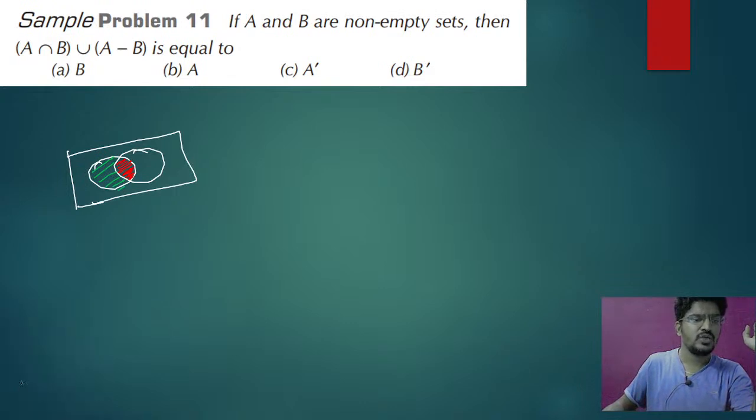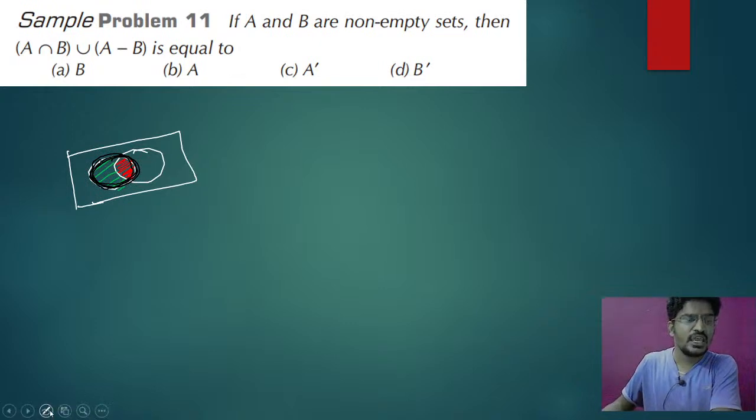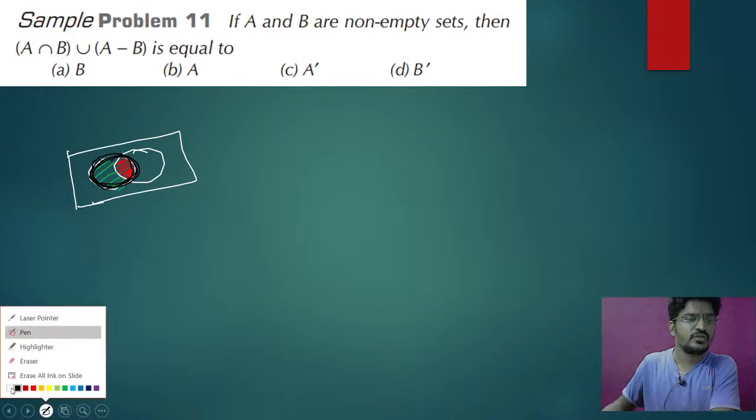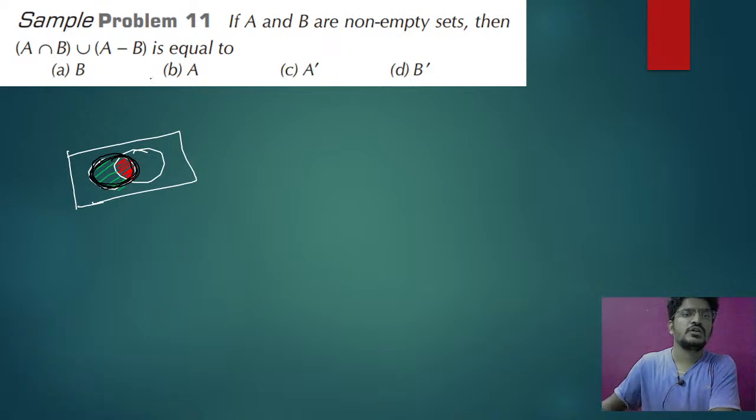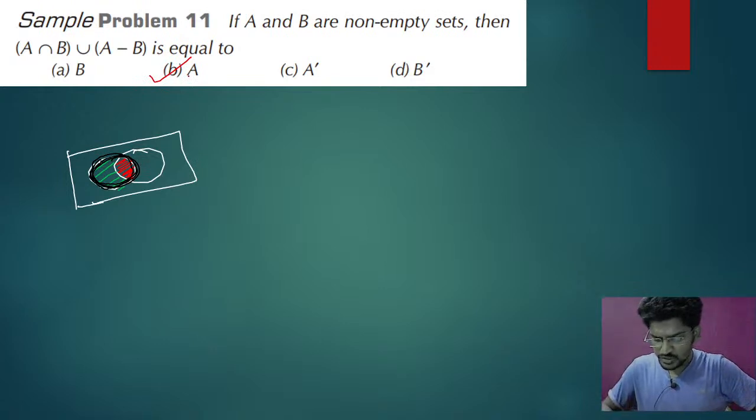If I make a union of this, I will get my set A. Okay. So the answer for this is going to be set A. Clear? Very good. That is option B. Option B is the right answer.